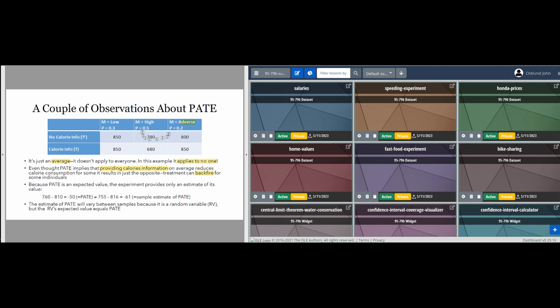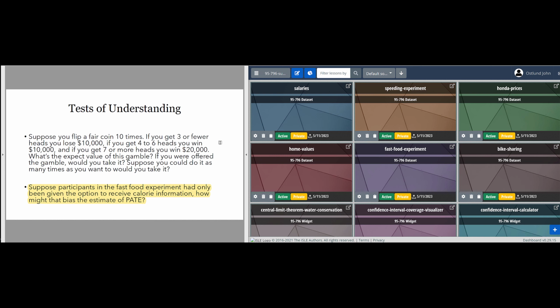So this is going to end up exaggerating the apparent treatment effect by the people who are highly motivated self-selecting and saying, "Oh yes, I want the calorie information." So it will appear as though the treatment effect was even better than it actually would have been in a randomized experiment. Okay.